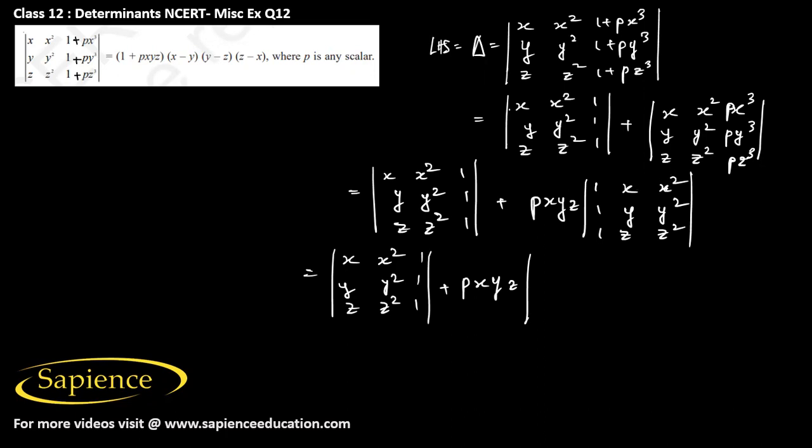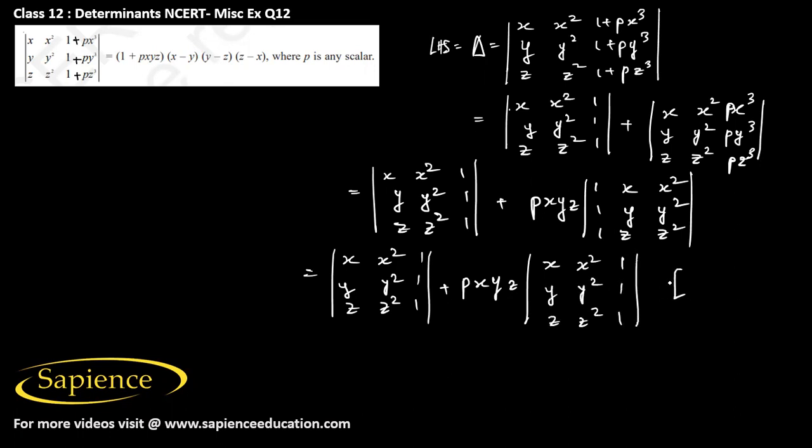here if we interchange the third column and the second column, then the sign of the determinant will change, and then again if we interchange the second column and the third column and the first column, then also the sign of the determinant will change, and so the sign will remain the same. So it will be x², 1; y², 1; z², 1.